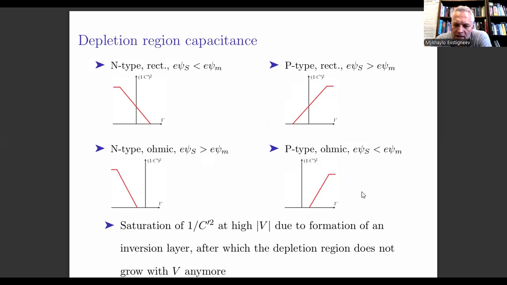Now for an ohmic contact between a metal and a p-type semiconductor, there is no depletion region at 0 voltage on the metal. You increase the voltage on the metal side, so it is positive. At some non-zero voltage value, you produce the depletion region, and then it increases in size, meaning that the capacitance of the depletion region decreases, meaning that the inverse capacitance squared increases.